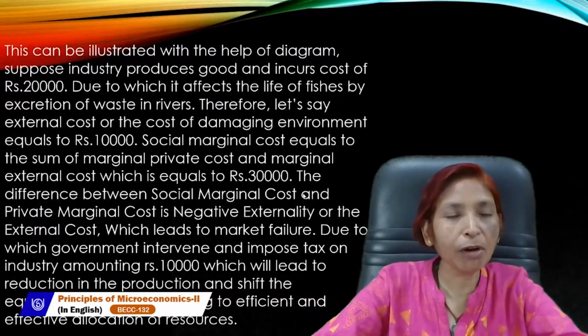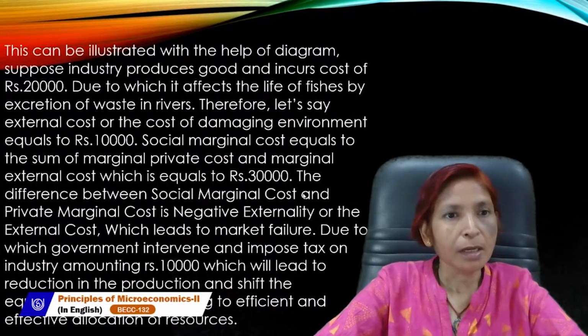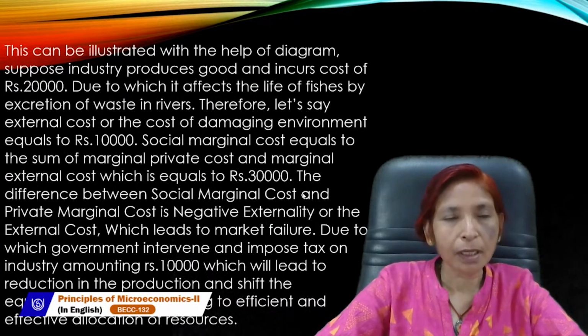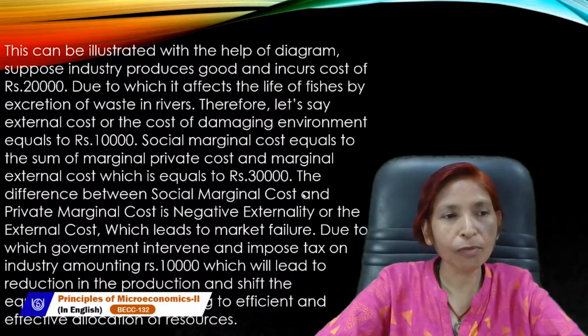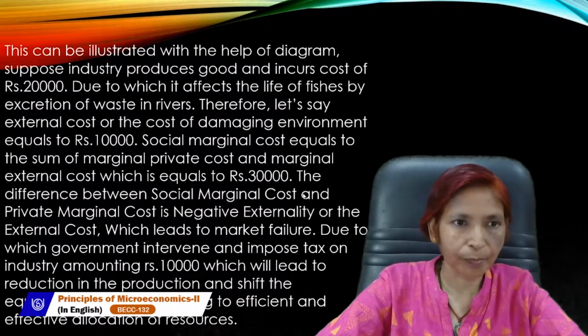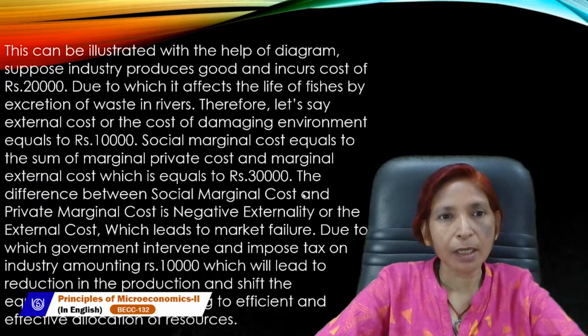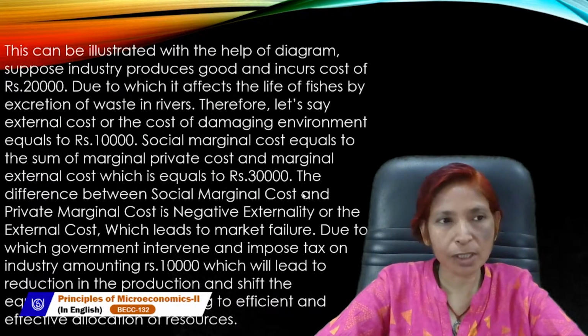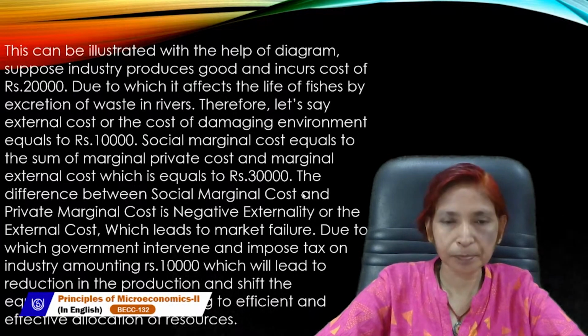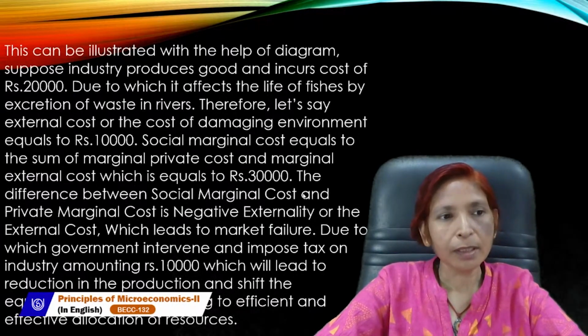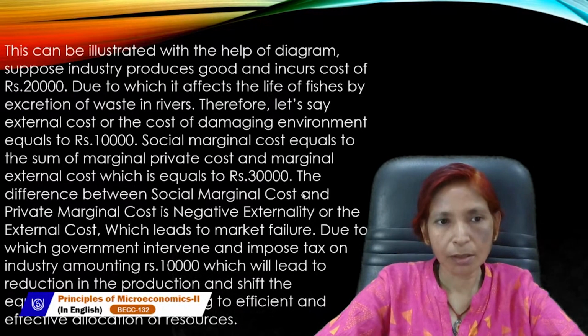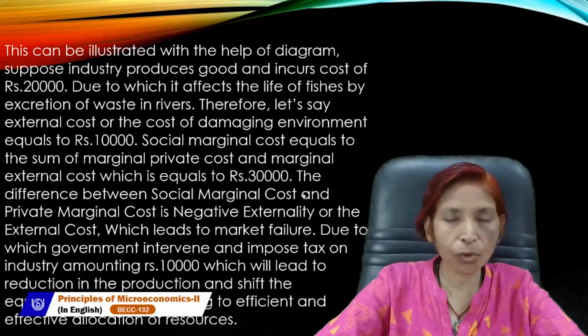This is the example of negative externality. Suppose an industry produces goods and incurs a cost of rupees 20,000, due to which it affects the life of fishes by discharging waste in rivers. Therefore, let's say the external cost, or the cost of damaging the environment, equals rupees 10,000.